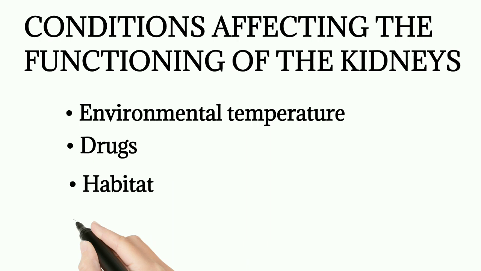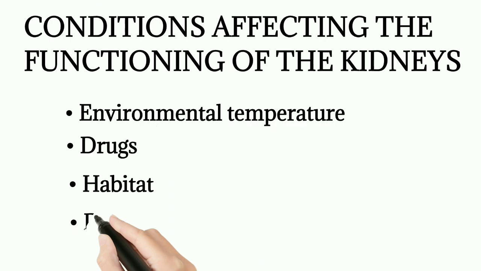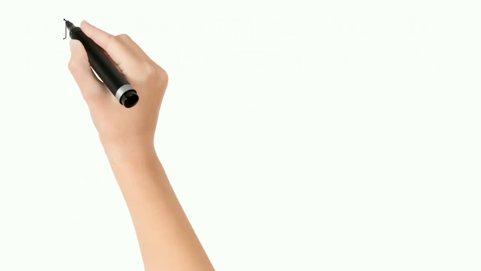While for organisms that live in marine habitats, the environment is hypertonic, so there is always a constant outflow of water into the environment. The last one is diseases. Okay, we have some diseases that affect the normal functioning of the kidney, like nephritis, kidney stones, diuresis, dropsy, and so many of them. Okay, so we're going to explain it in the next slide.